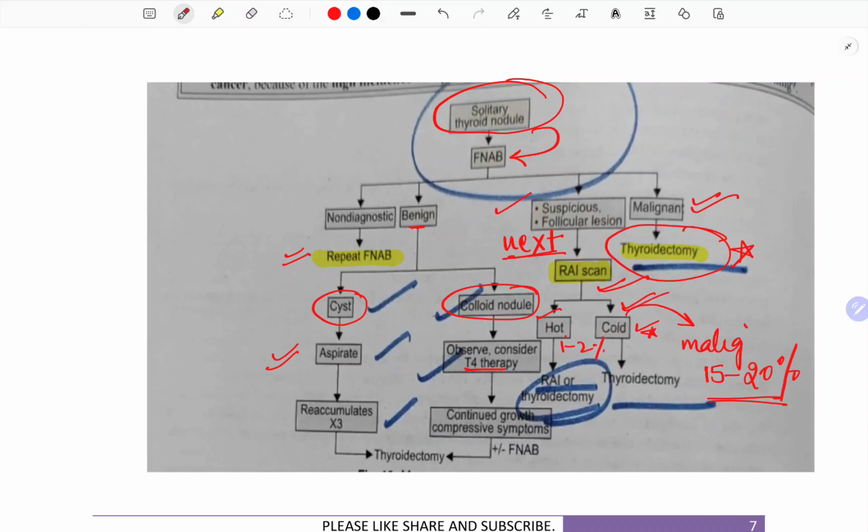So remember, cold nodules are mostly malignant, so we directly go for thyroidectomy, right? But hot nodules are not so malignant and are mostly benign, so we order either radioactive iodine ablation or thyroidectomy.